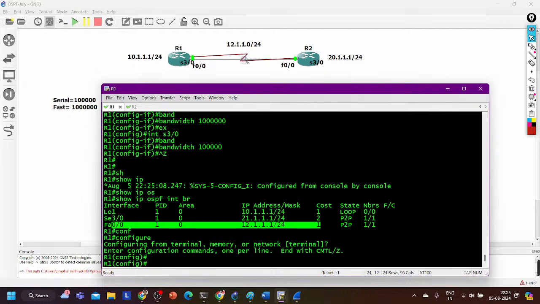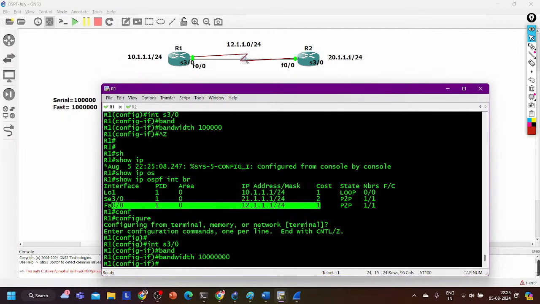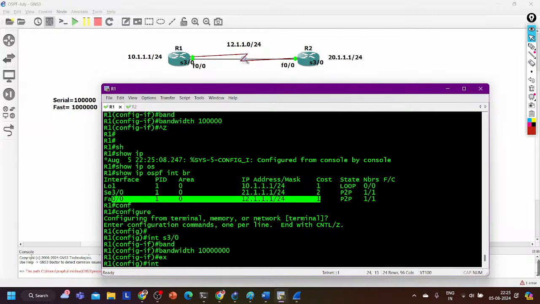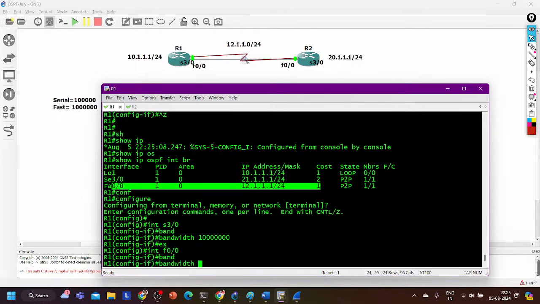But now what I am going to do on serial 3/0, bandwidth is 1234567. And on fast Ethernet 0/0, the reference bandwidth is not the default on router number 2 and router number 1.